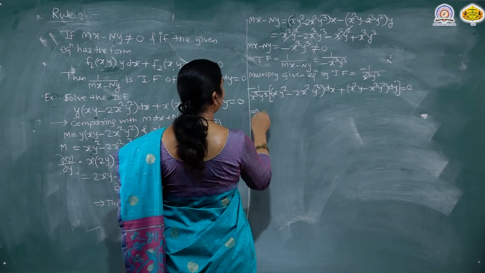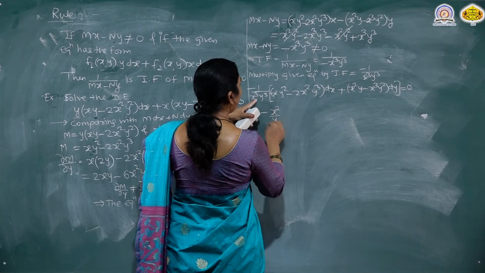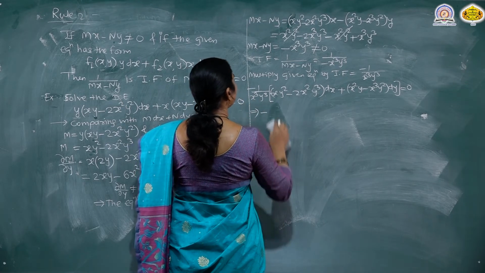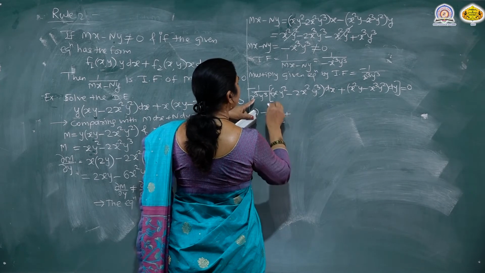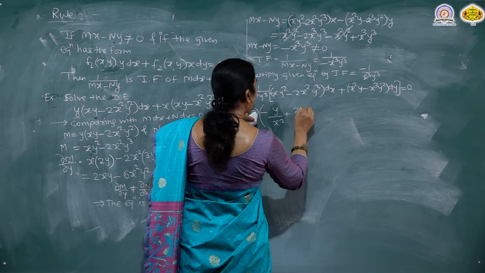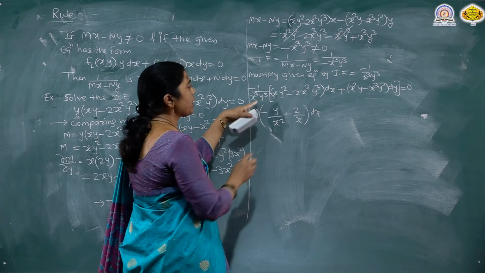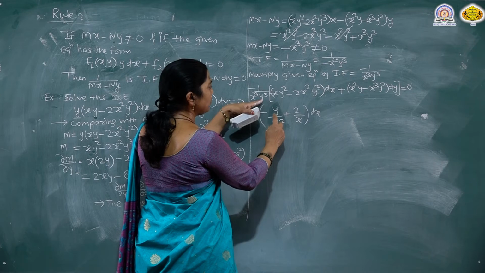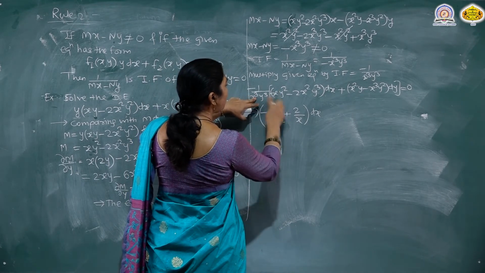This implies, minus... we multiply with this, so it remains y upon x square plus 2 upon x dx. Sorry, it is xy square upon x cube y cube, with minus sign.